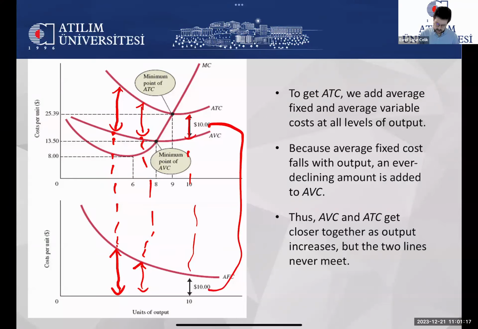Okay, you see? And one more thing, the shape of marginal cost, it looks like the Nike brand. The marginal cost goes through the minimum point of average variable cost and goes through the minimum of average total cost. Okay.